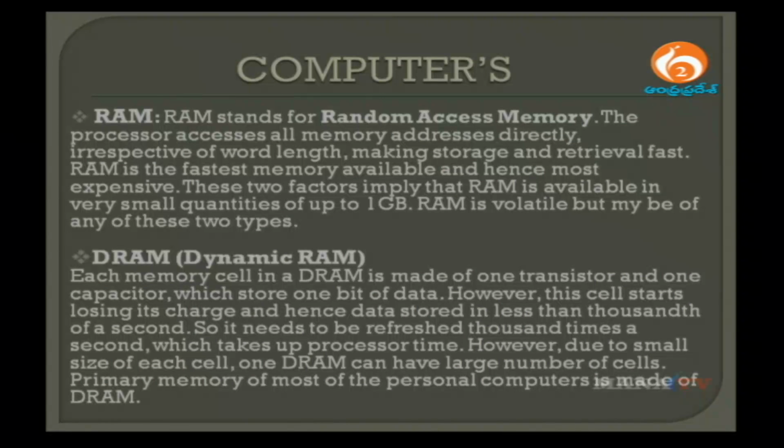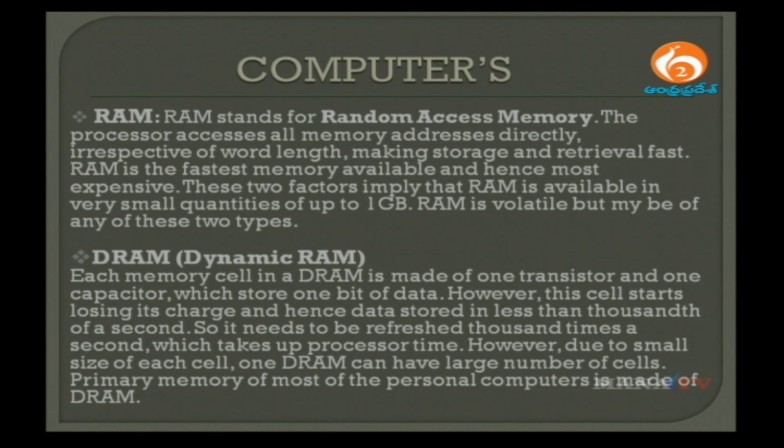Alright. So now let us see what is DRAM, which can also be called dynamic RAM. Each memory cell in dynamic RAM is made of one transistor and one capacitor, which store 1 bit of data.